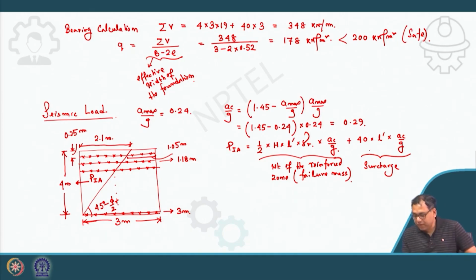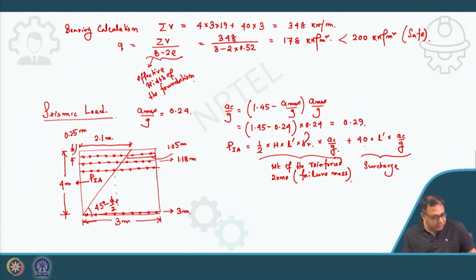So here also, as this force I have to consider and distribute in the reinforcement, that's why 40 is taken, not 15. It is taken as the total surcharge. So this is the weight of this failure mass into that acceleration.